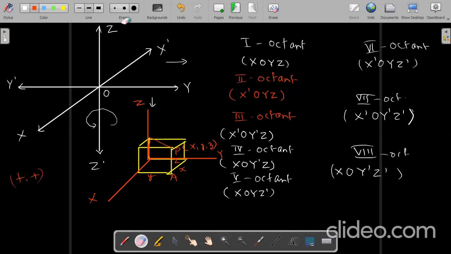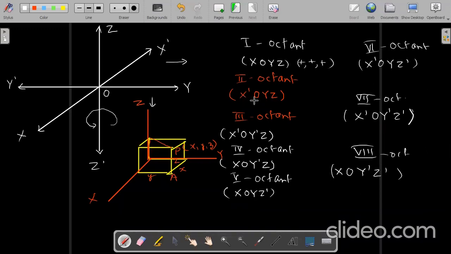Here also you can easily find out where it lies by seeing the signs of the x, y, and z coordinates. In the first octant all three will be positive. Dash means minus.